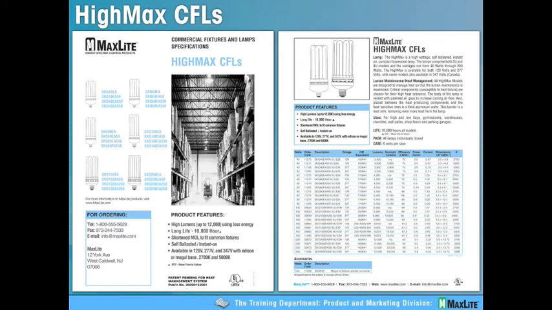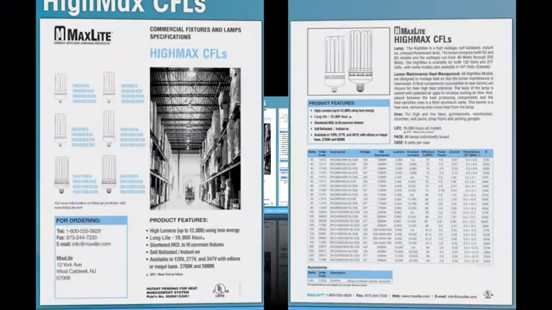Our HiMax products, which we've shared with all of you in the past, all have a 5,000 Kelvin option and very high CRI, so it's a 1.96 ratio. These products are known to take out up to 400 watts of metal halide with as little as 150 watts of high scotopic lumen light sources.